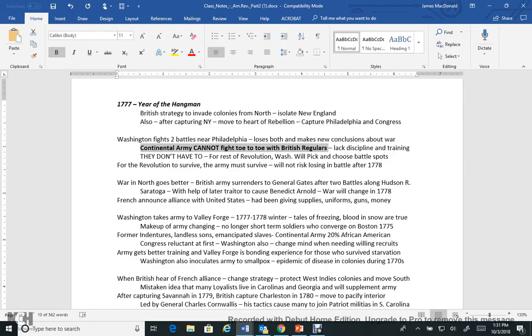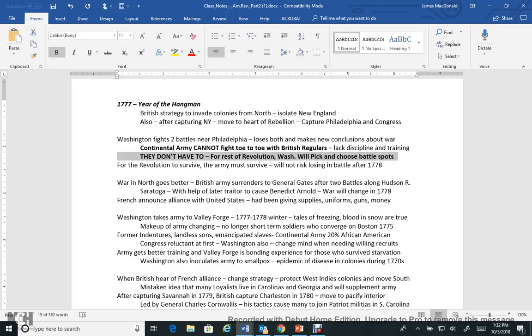He's tried to draw up these elaborate battle plans in the battles around Philadelphia. They fail. But here's the other and more important conclusion that he makes. The Continental Army does not have to fight toe-to-toe with the British.